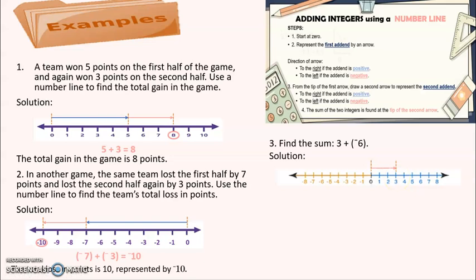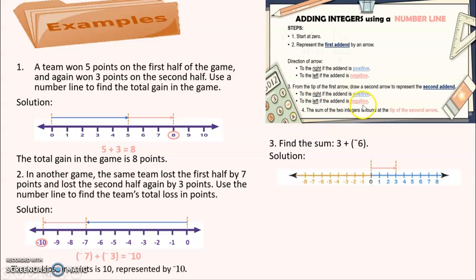Next, at the tip of the first arrow, which is number 3, we start our second addend, which is negative 6. Observe, since it is negative, we go to the left.